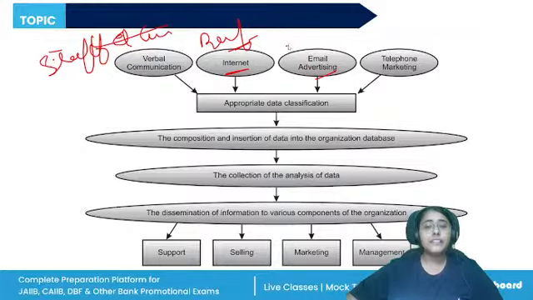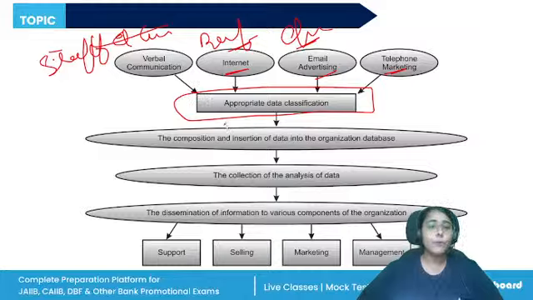Email advertising, we can send them questionnaires and see their response. And telephone marketing, a new product can be introduced to the customer and the response can be taken whether or not they are interested. Then this data is collected and we classify it appropriately.